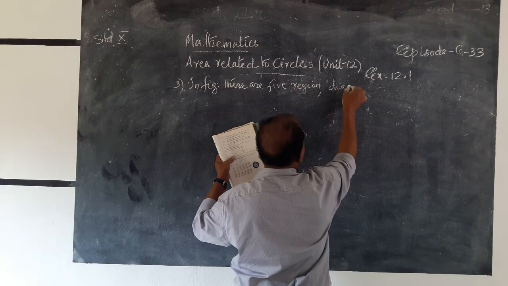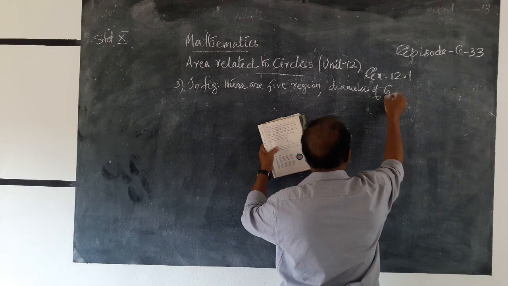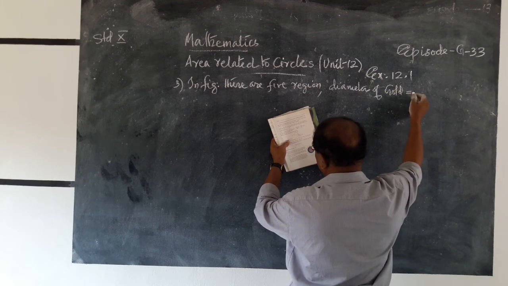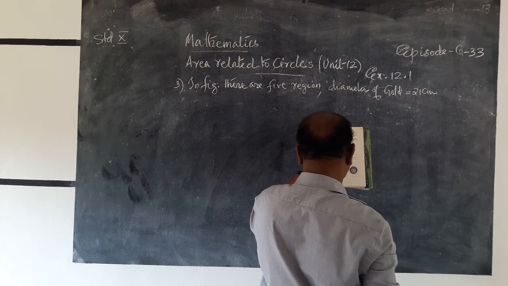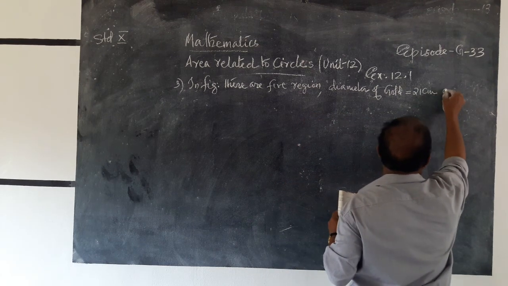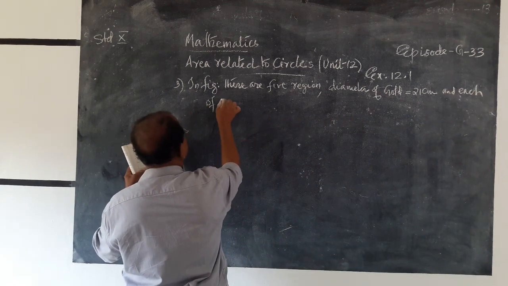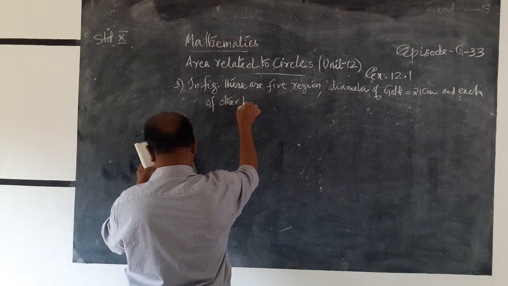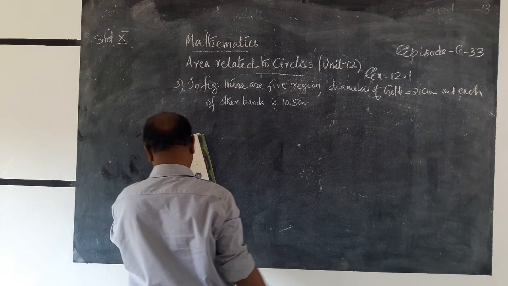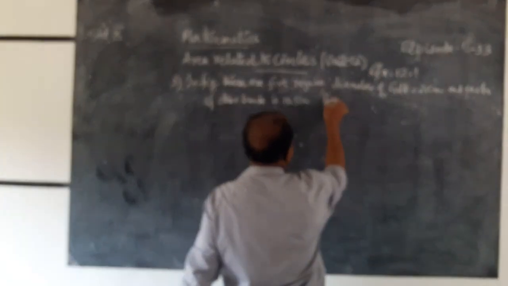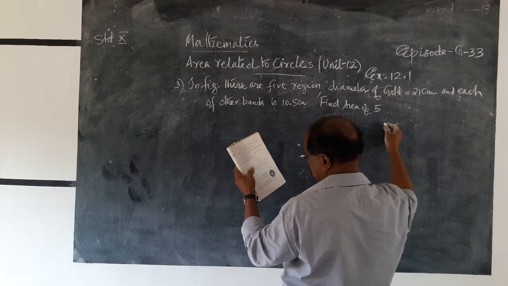Diameter of gold is equal to 21 centimeter and each of the other bands is 10.5 centimeter. Find the area of the 5 bands.